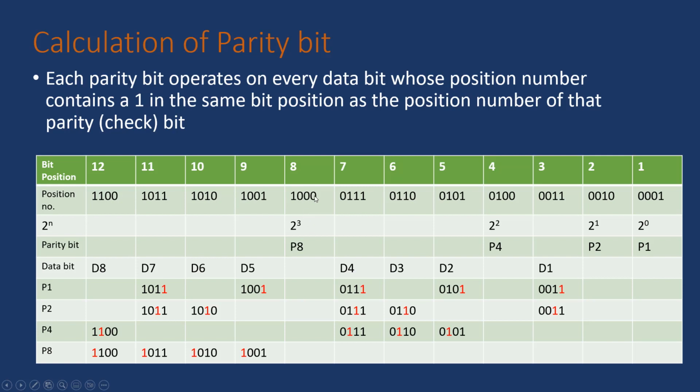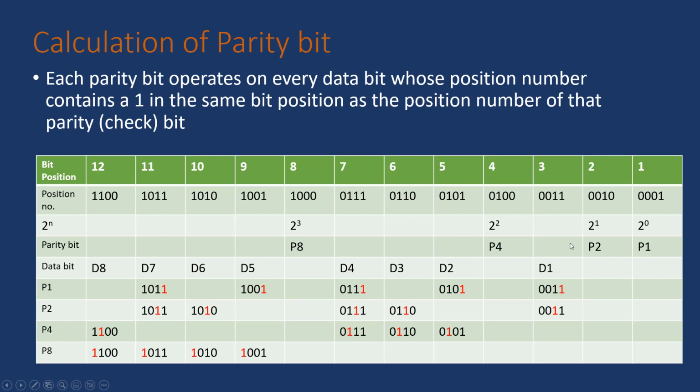Same thing here, 0, we skip this one. Here has a 1, so we keep the data 5. Position 10, that is data 6, has 0, so we skip this one. We are going to calculate data 7. So parity bit 1 is going to calculate data 1, 2, 4, 5, 7.